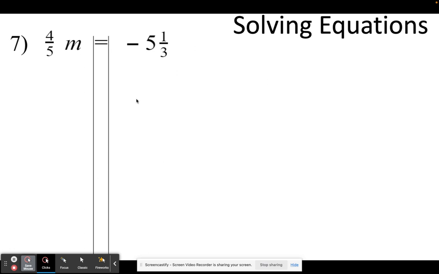Okay, my 7th example. I have a lot of examples for this one. I have an improper fraction. I want to change that to a mixed number first. I usually just like to put my negative in front. 5 times 3 is 15, plus 1 is 16 thirds.